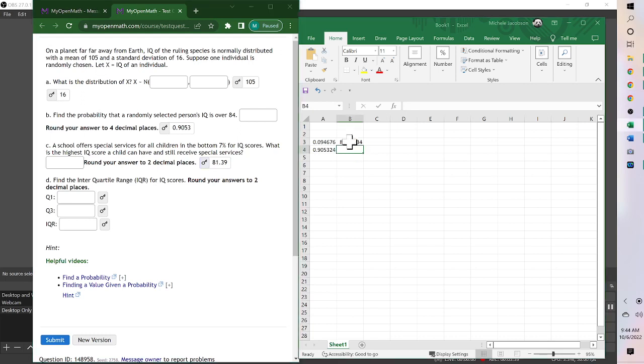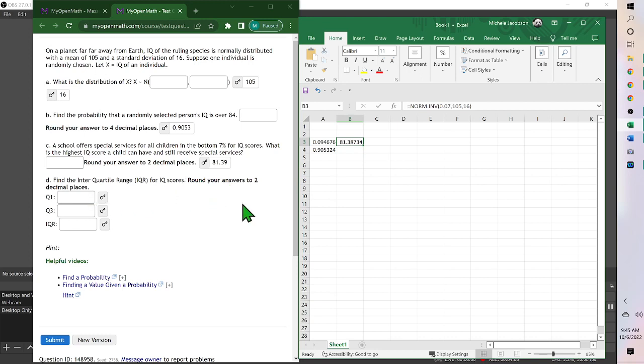It did the same thing here. 0.07, 105, and 16, and it gives me the 81.38. The other one was giving me the percent. It must have been saved to give a percent in that box. But 81.39.